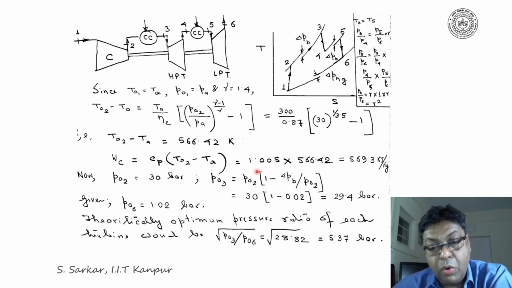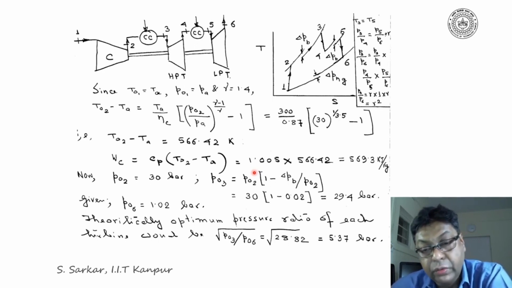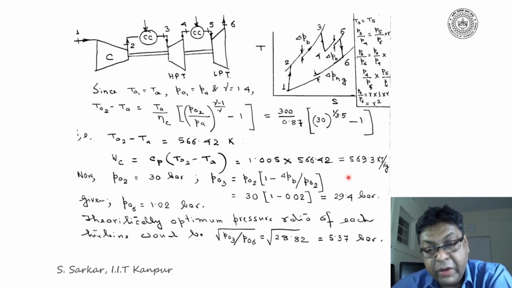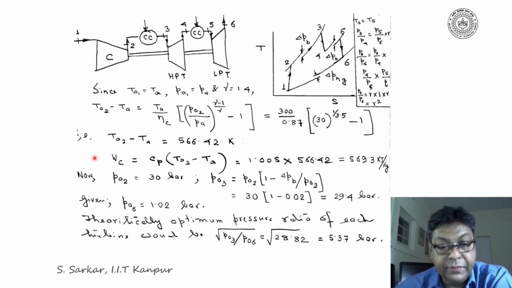That's 1.005 into 566.42. Thus, I have got 569.3. Thus, the specific work required for the compressor is equal to 569.3 kilojoule per kg.